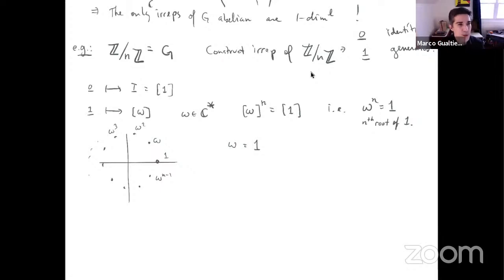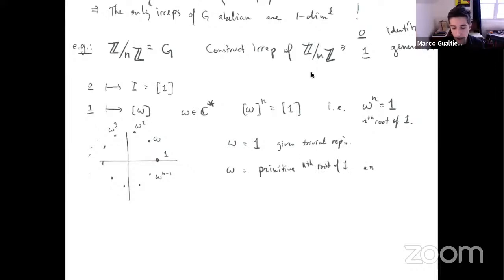And that's called the trivial representation, when you send every group element just to the unit. And then when you take omega to be a primitive nth root of unity, that gives another non-isomorphic representation, right? You cannot expect to change basis to make the non-trivial representation look like the trivial one. So these two are different representations of the same group on the same dimension vector space.